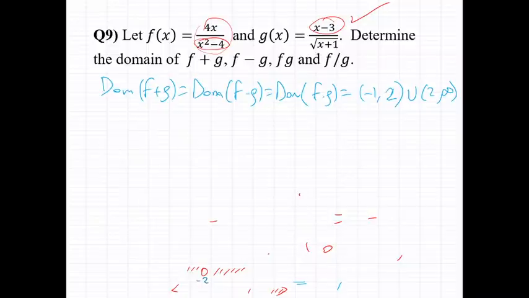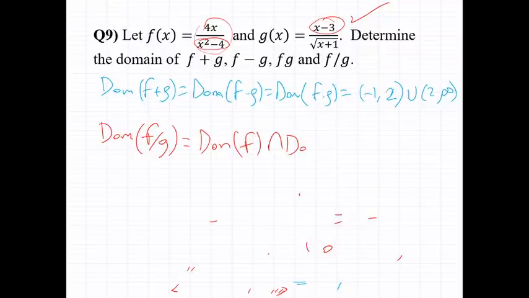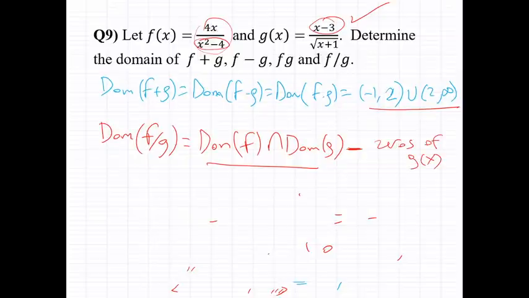Here, we use this information: the domain of f over g is equal to the domain of f intersection the domain of g, and we found that, and we remove the zeros of g(x). So what does this mean, zeros of g(x)?